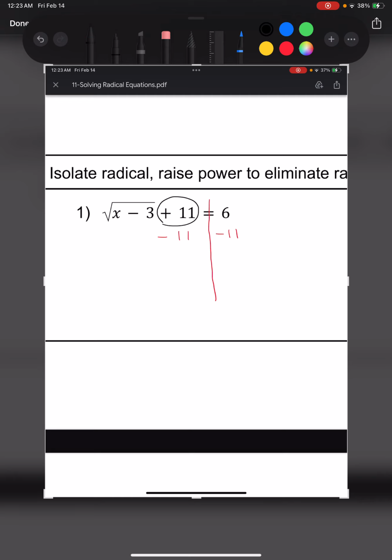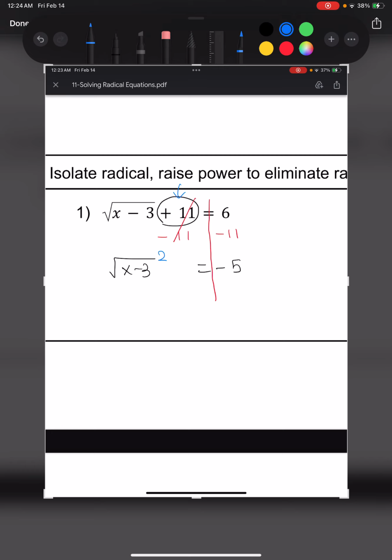So I was able to eliminate these. Then now I have square root of x minus 3 equals minus 5. And then now you want to get rid of the radical. Always you remove the radical after you get rid of the other things.